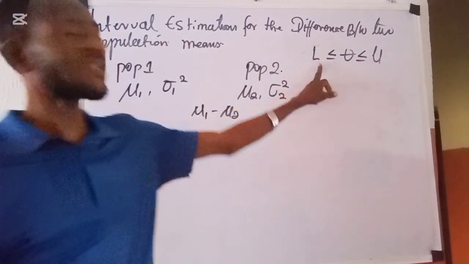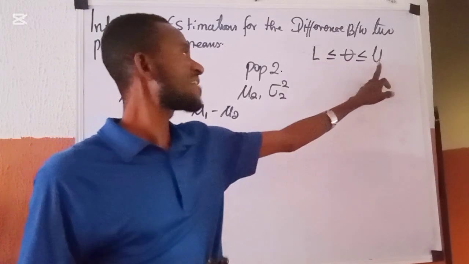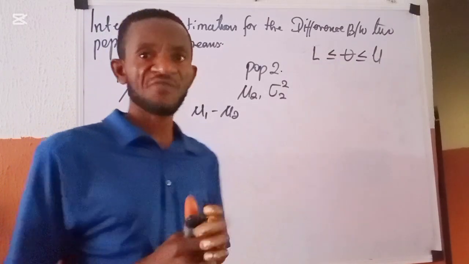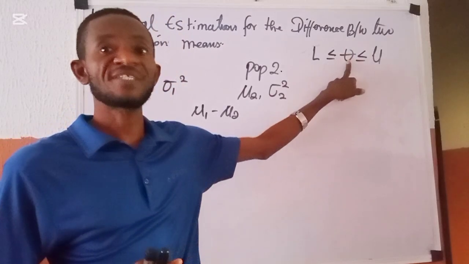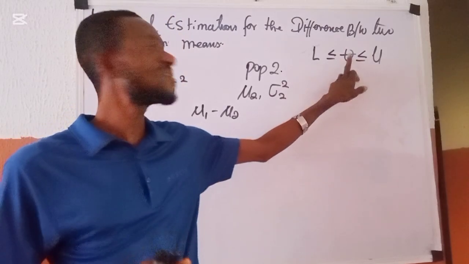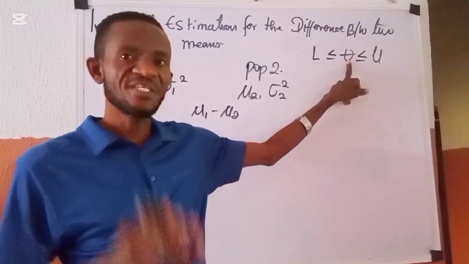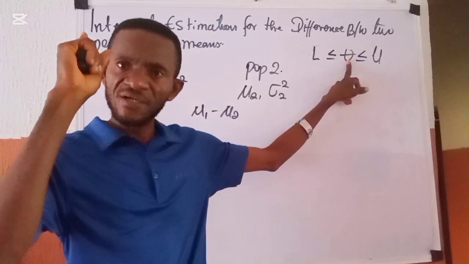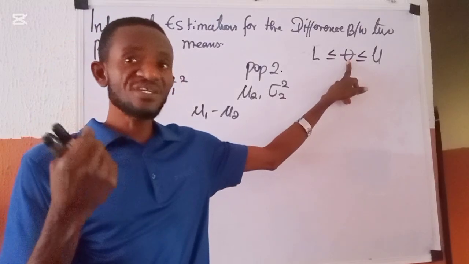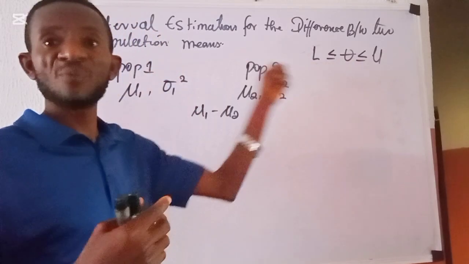We call this L that time the lower confidence limit, and then this U the upper confidence limit. And this is the population parameter of interest called theta. And we say that this population parameter theta here could be the population mean when we are discussing a single population, or it could be the difference between two population means when we are discussing two populations.